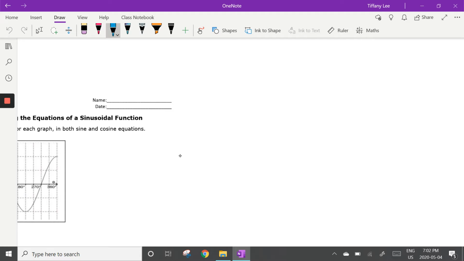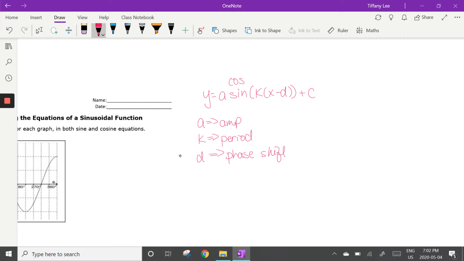So our general formula is y equals a sine, or it could be cosine, so a times sine k bracket x minus d bracket plus c, where a represents our amplitude, k represents our period, d represents our phase shift, and then lastly, c is our equation of the axis.